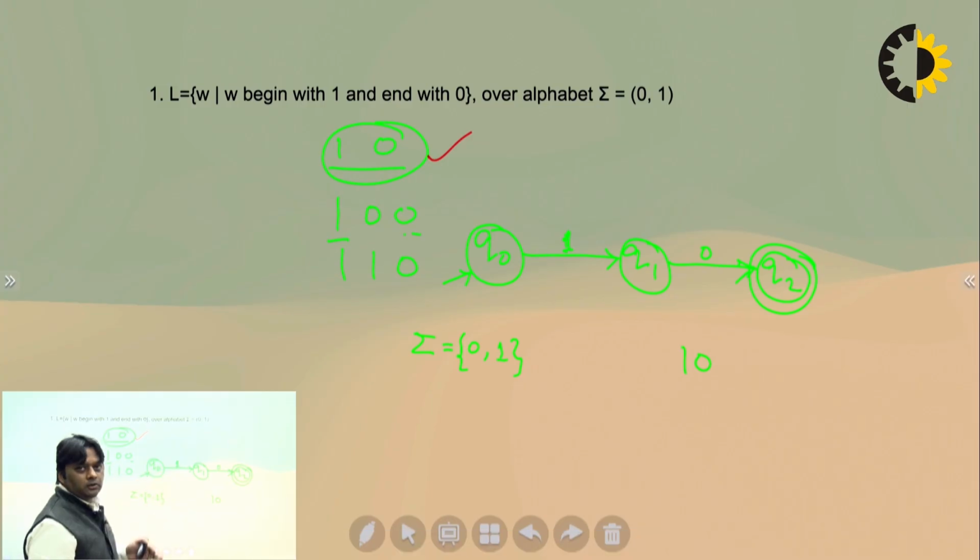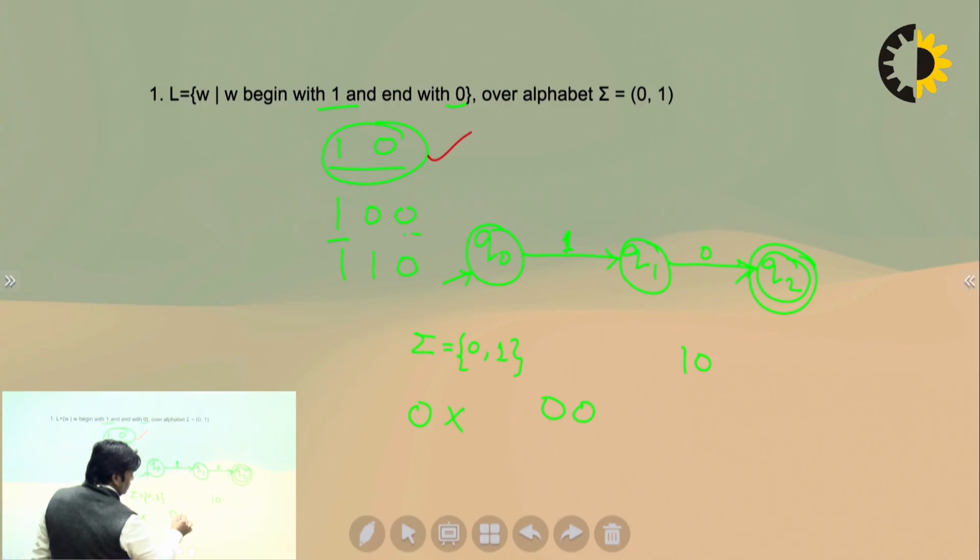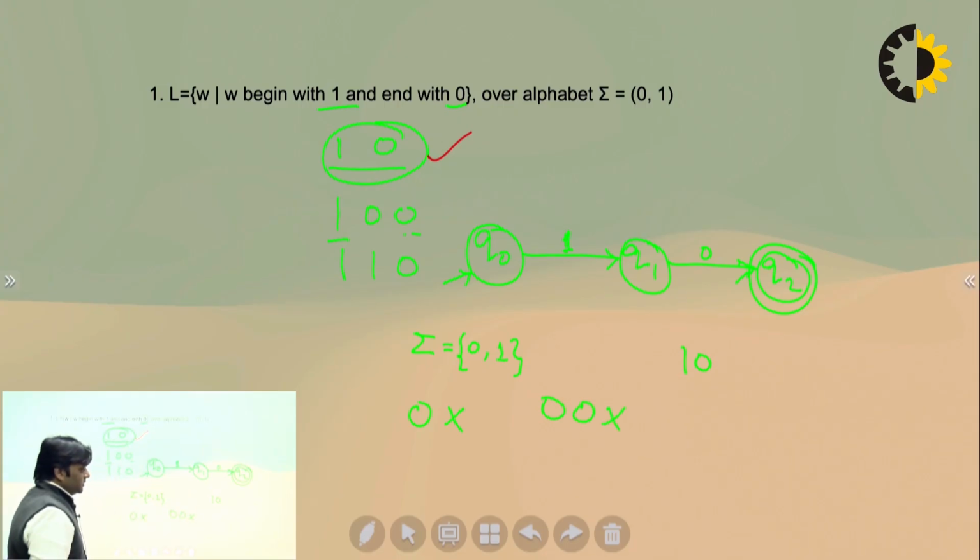At Q1, 0 does not affect our machine, since the condition only says start with 1 and end with 0. The string cannot start with 0. A string like 0 then 0 is not acceptable, because the string must start with 1.